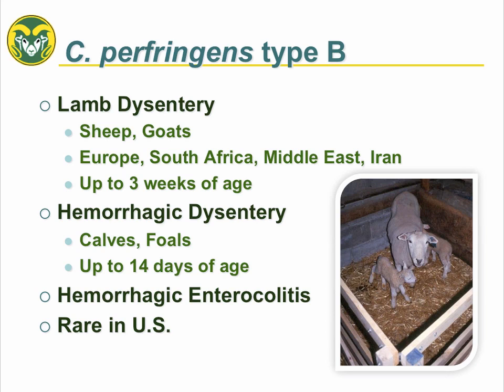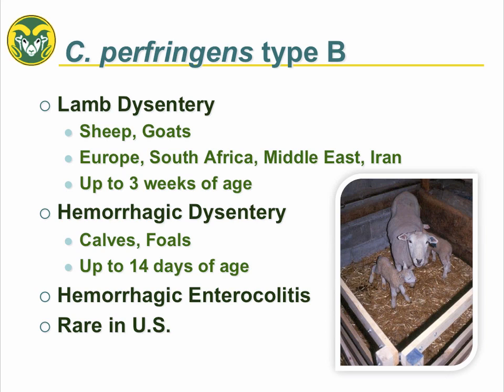Now, Dr. Songer down in Arizona, I'm sure many of you know him, he's probably nationally regarded as the livestock Clostridial expert in this country. He still will report some B's, C's, and D's, but he'll also say they're much, much, much more rare than type A's.